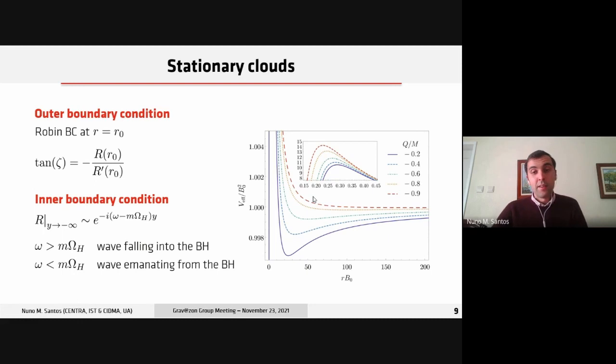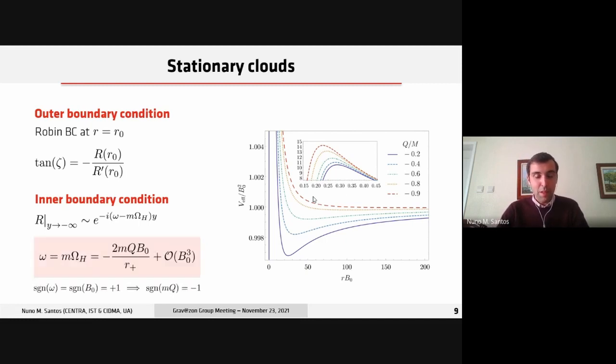On the other hand, the inner boundary condition, the boundary condition at the event horizon, is a wave falling into the black hole when omega is greater than m times omega h, and is a wave emanating from the black hole when the reverse happens.